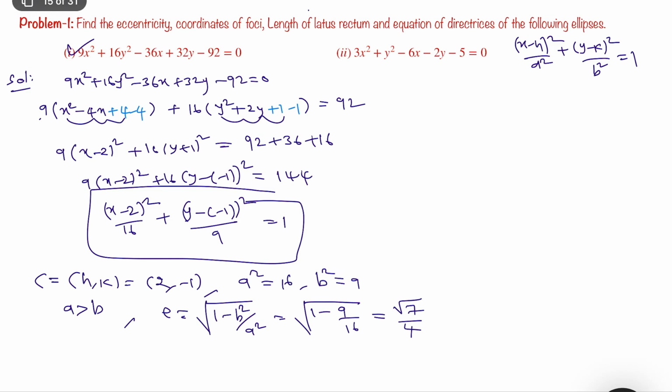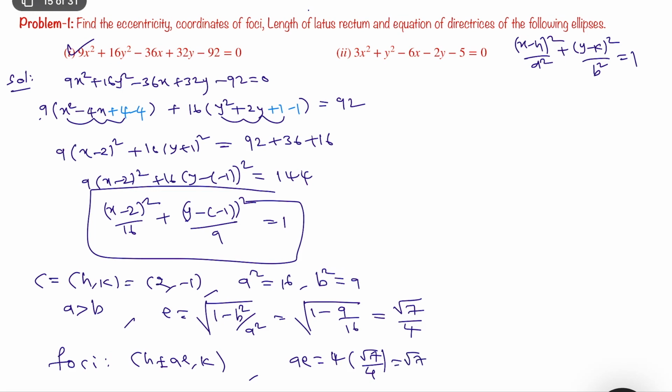And we know for the a greater than b case, the foci coordinates are h plus or minus ae comma k. First of all, what is ae here? ae is 4 times root 7 by 4, which is root 7.